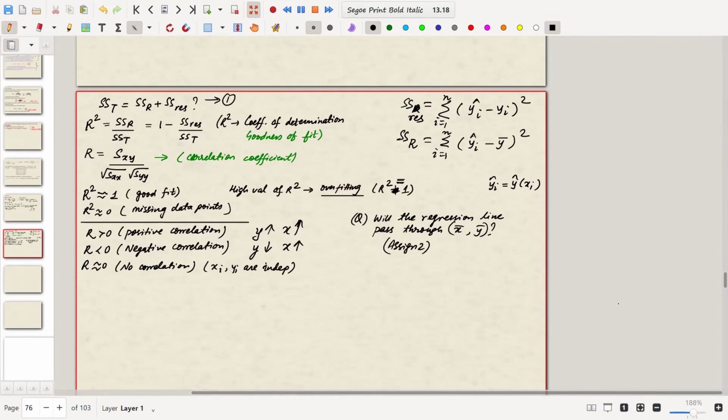What is SST? T stands for total. SS means sum of square, T means total. SST is Yi minus y bar, whole square.